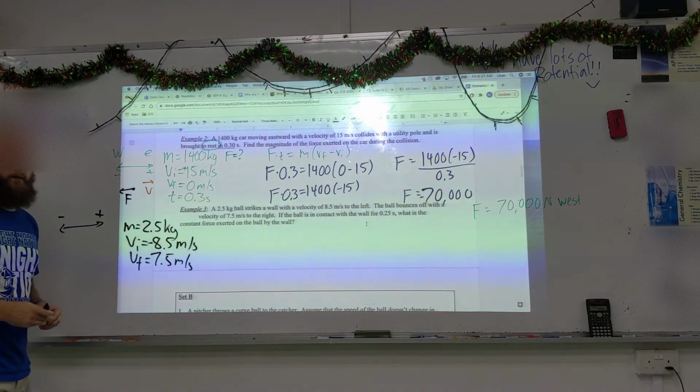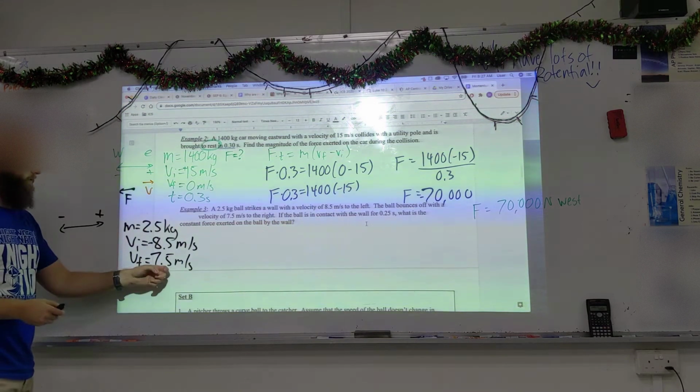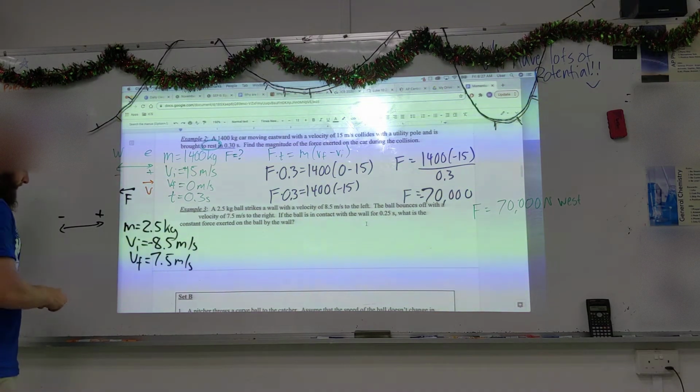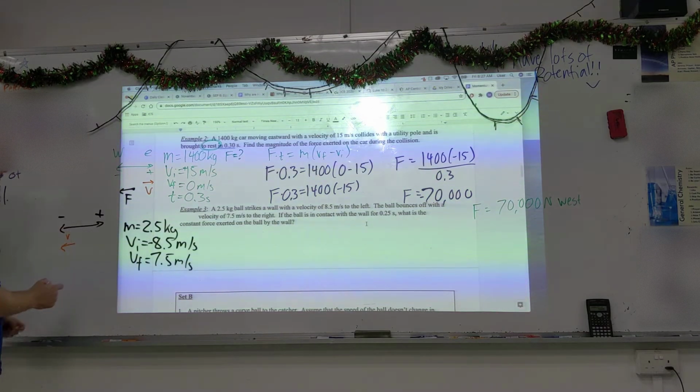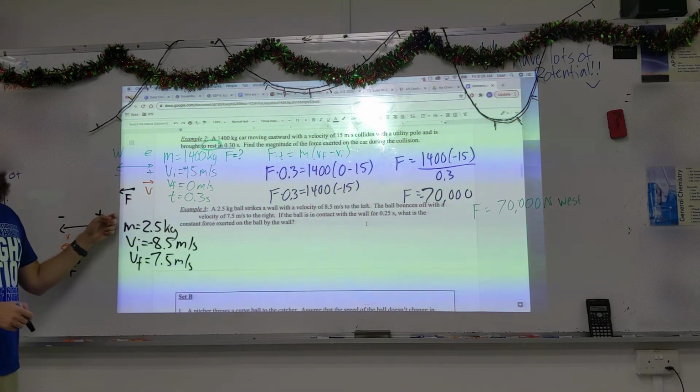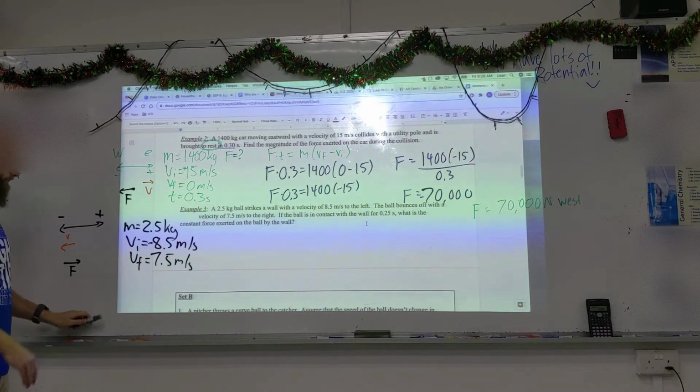And that's going to be positive or negative? Yeah, this one's going to be positive. Now, if I'm initially moving this way, so this is my velocity, which direction do you think our force will be? Yeah. In order to switch the direction of my velocity, I need a force in this direction, right? So we should expect a positive force, not a negative force.